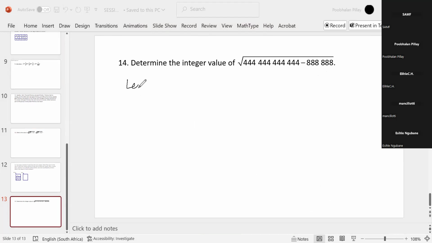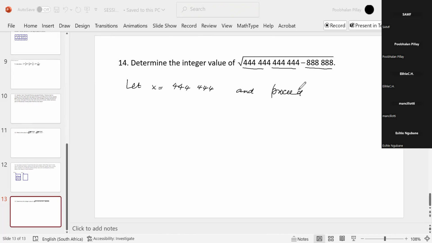I will say let x be equal to, you'll see this thing here occurring. Here, this is 2 times this number here, which I've underlined. So I let x be equal to that, and then proceed.